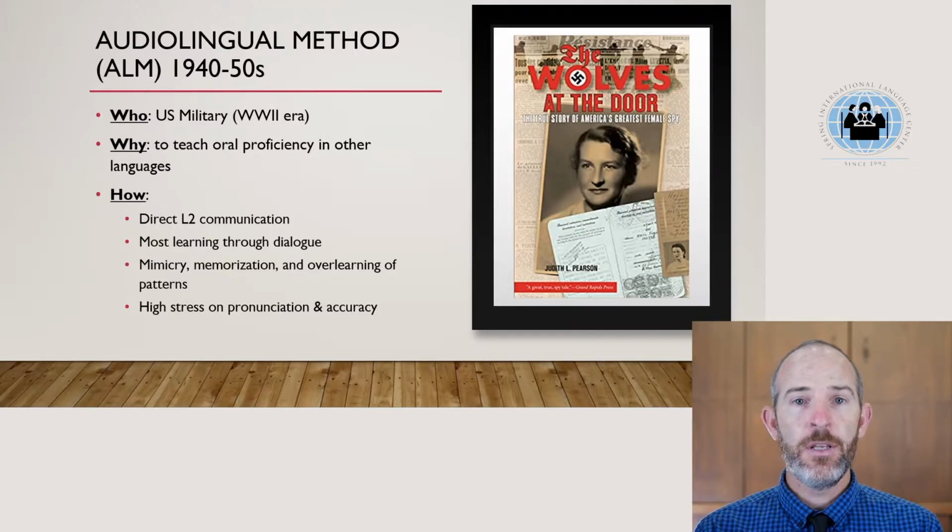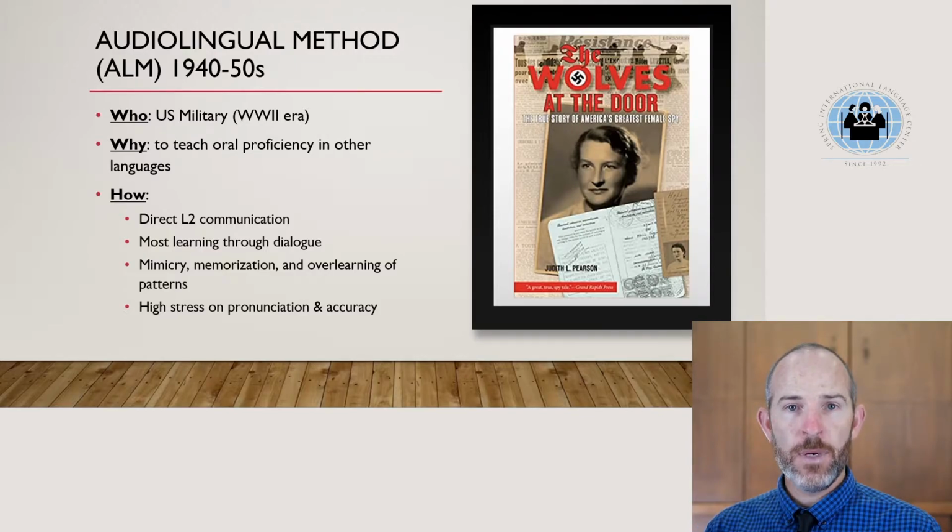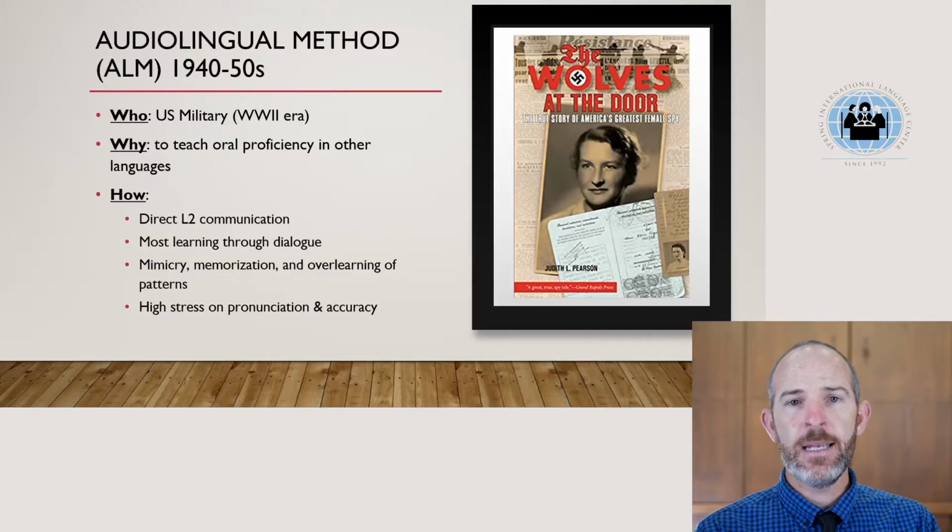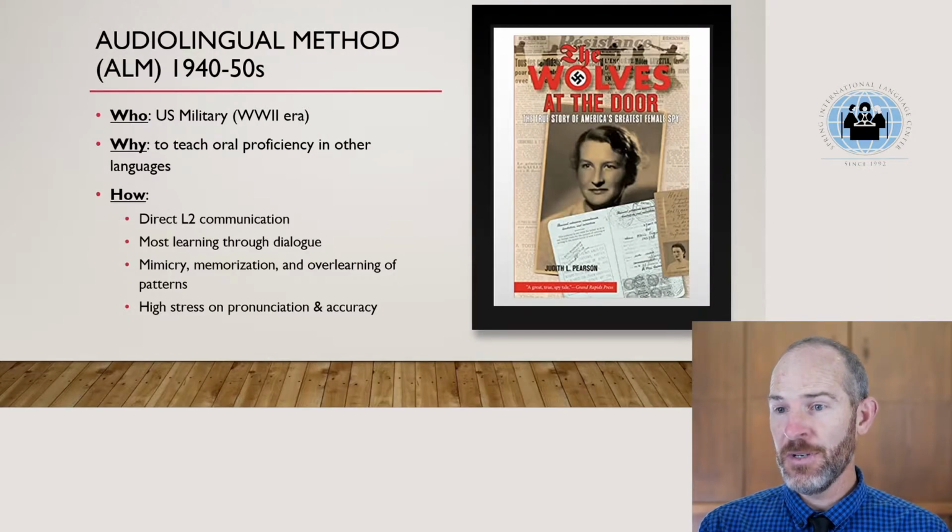And so the U.S. government devised a method of learning language called the audiolingual method that really only focused on learning conversations perfectly by heart, with perfect pronunciation, with perfect accent. They didn't worry about reading and writing, but making spies, which you can see in this book.